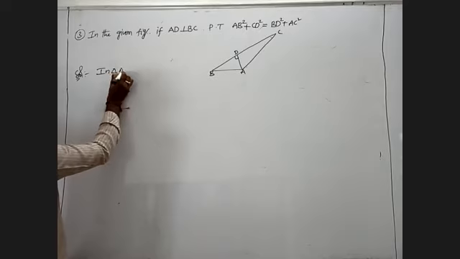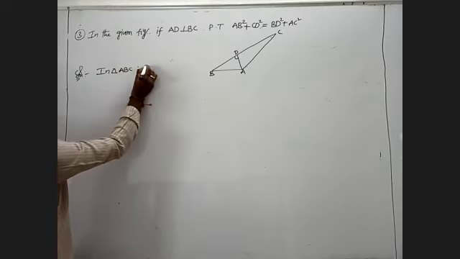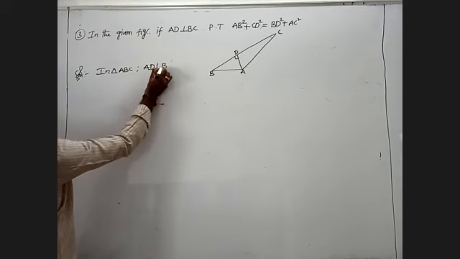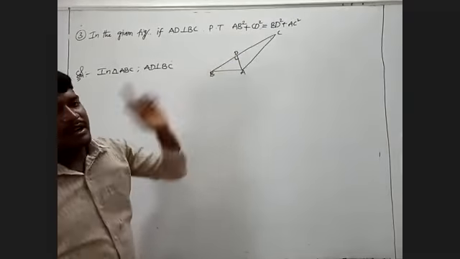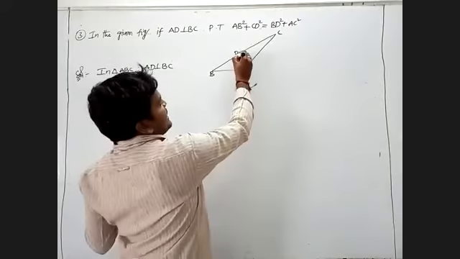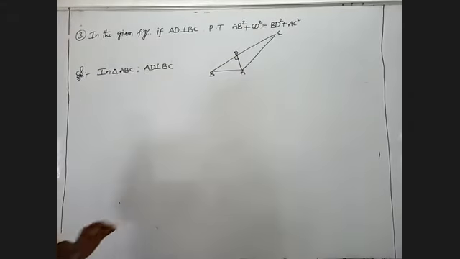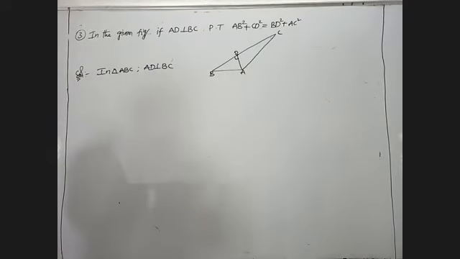In triangle ABC, AD is perpendicular to BC is given. Where AD is perpendicular to BC means angle D consists of 90 degrees.